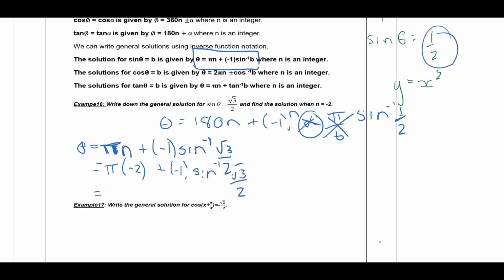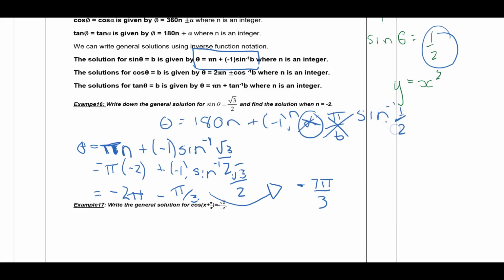So I've got minus 2 pi minus pi on 3, which gives me minus 7 pi on 3.